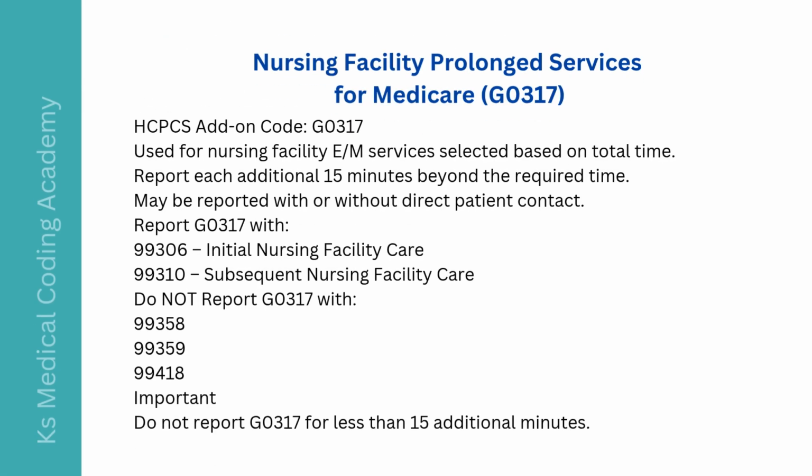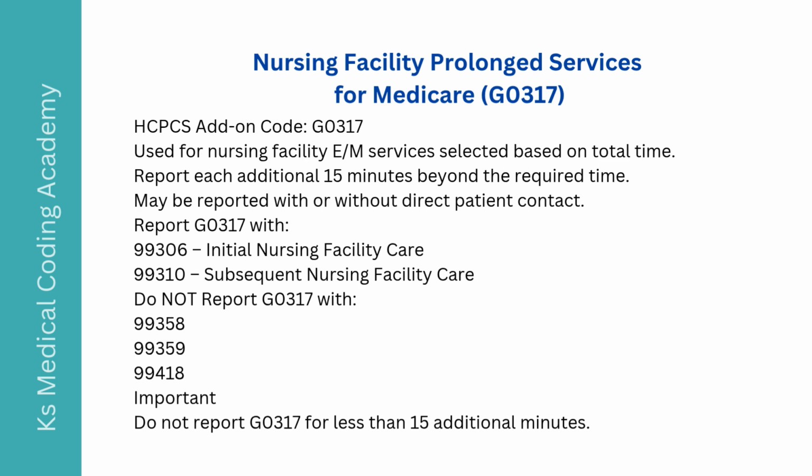This slide explains HCPCS code G0317, the Medicare add-on code for prolonged nursing facility evaluation and management services. G0317 is reported only when the primary nursing facility EM service has been selected using total physician or qualified healthcare professional time on the date of the encounter. 1 unit of G0317 represents each additional 15 minutes beyond the required time.